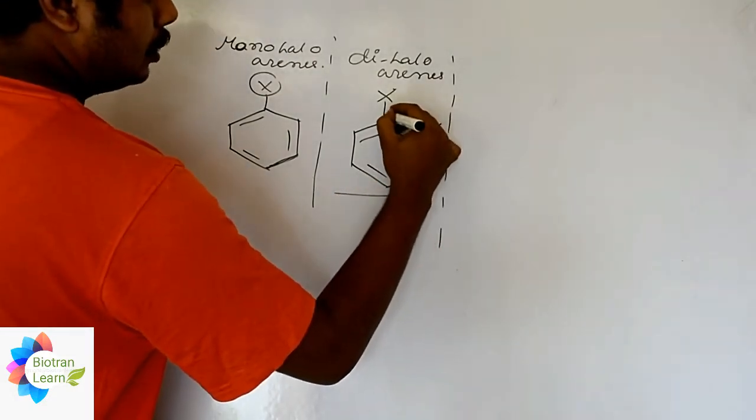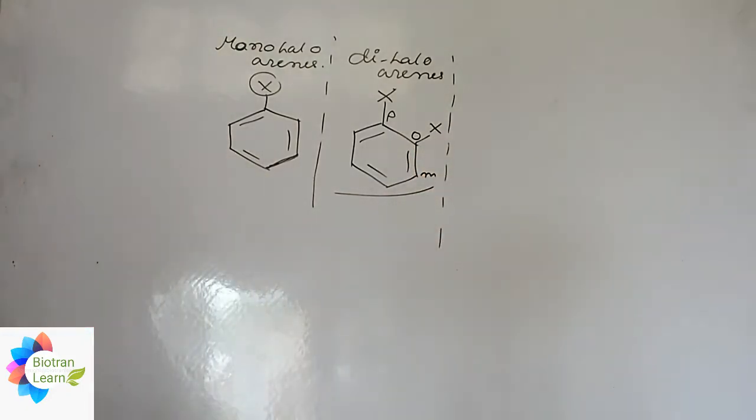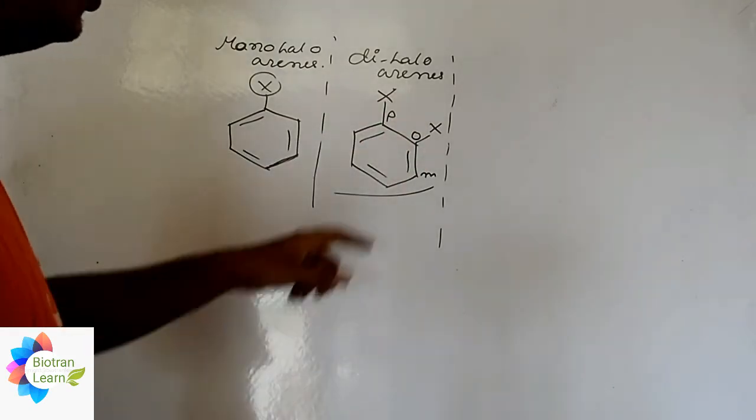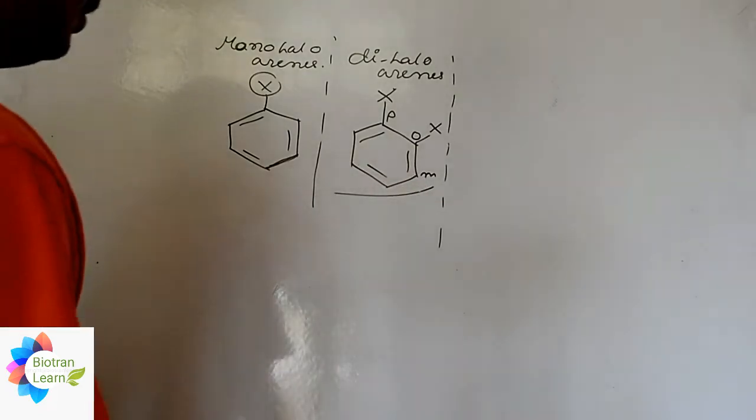we know that this is para, this is ortho, this is meta position, right? We can have it either on the ortho position or even the second one in the meta position, right?